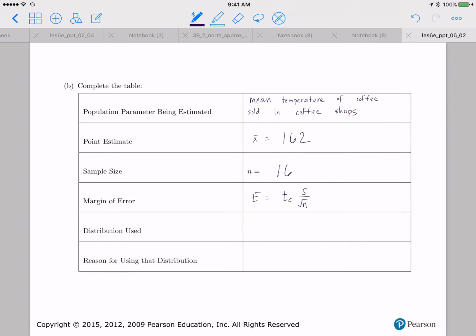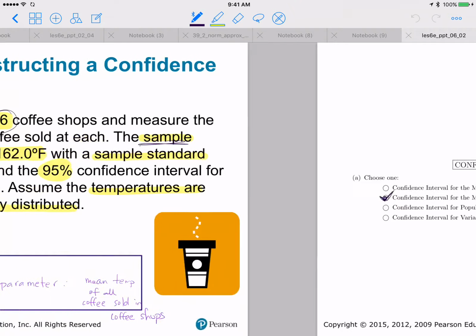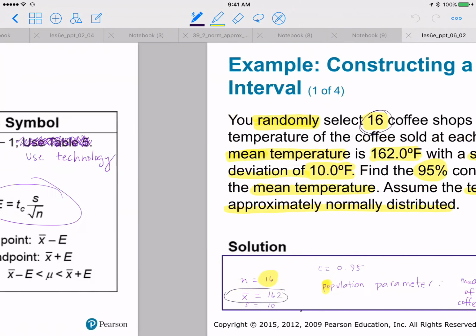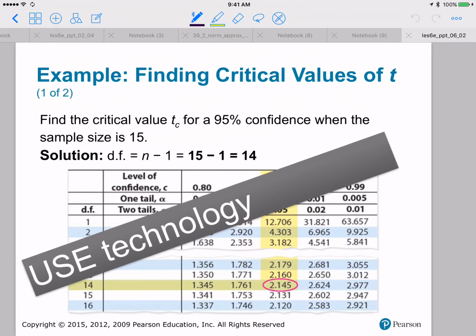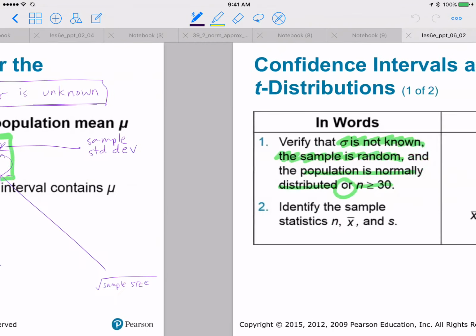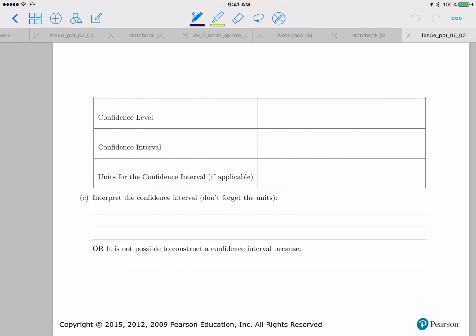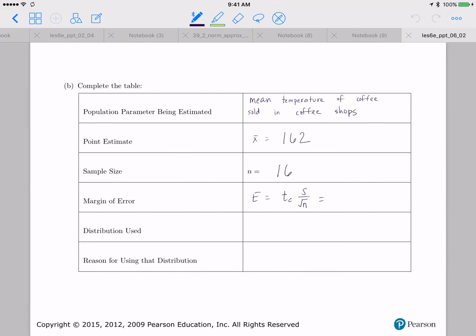Now to find the TC, and I don't have my calculator, add a page below. So let's put here to find TC.